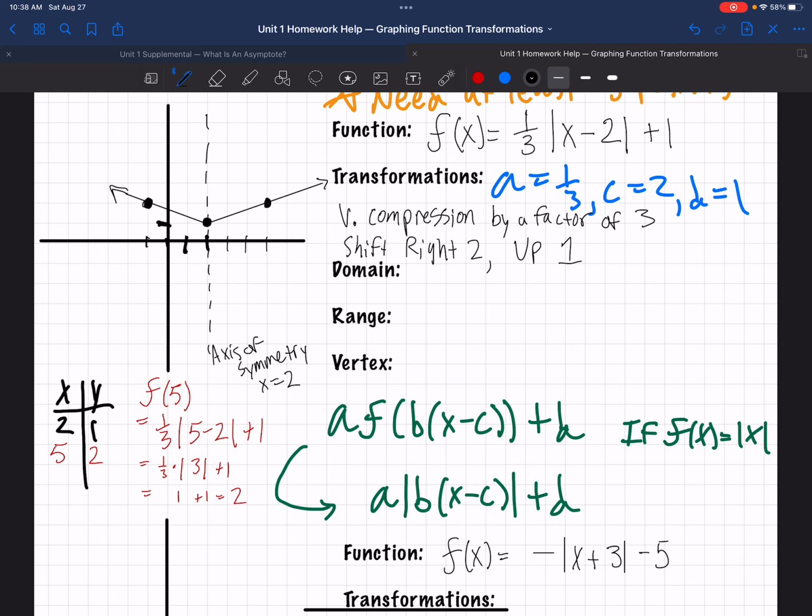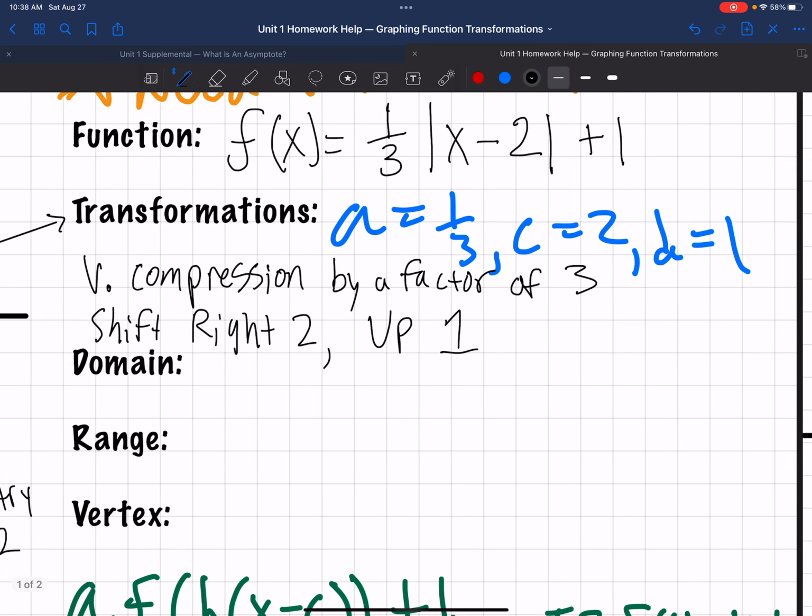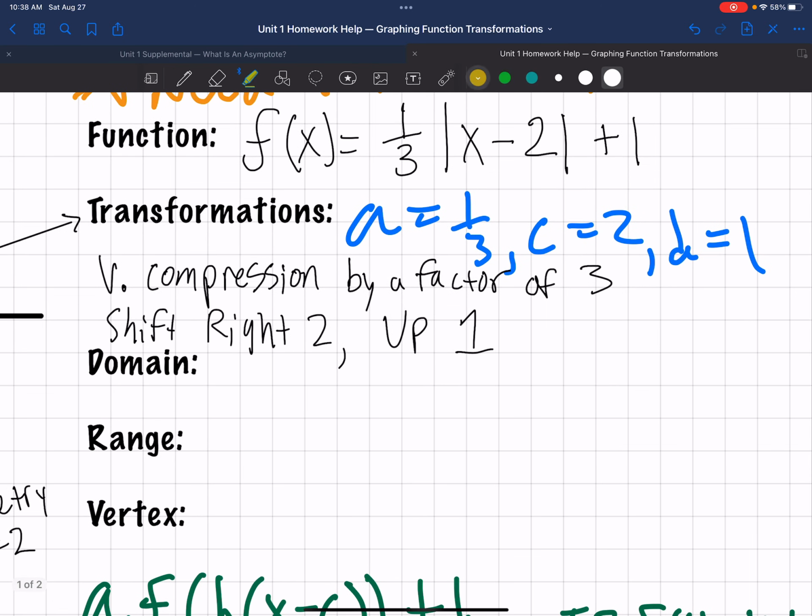Incidentally, that point that's right here is negative 1, 2. And look at your function, right? f of x equals 1/3 times absolute value of x minus 2, plus 1. So if I plug in negative 1, 1/3 times the absolute value of negative 1 minus 2, plus 1. Well, negative 1 minus 2 is negative 3.